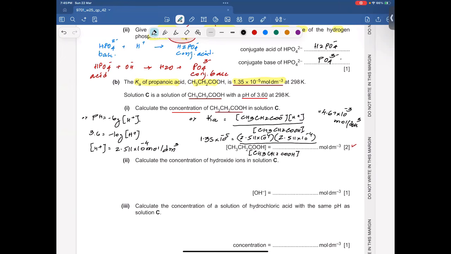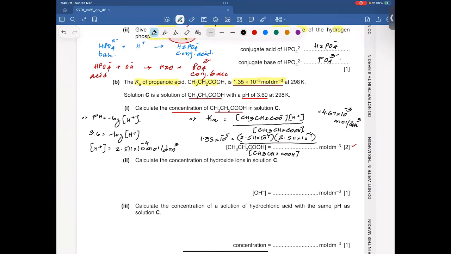It's basically 2.5 exponent minus 4 times 2.5 exponent minus 4, divided by 1.35 exponent minus 5.